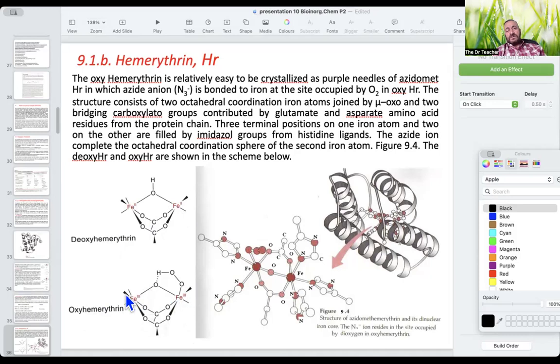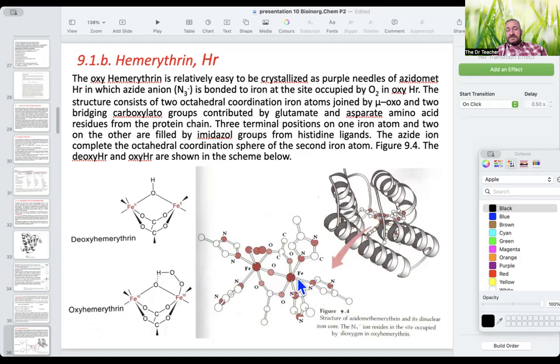And this we call oxyhemerythrin. Here is deoxy, so without oxygen. Oxygen will come and bind to one metal center, and then the oxidation number is changed.